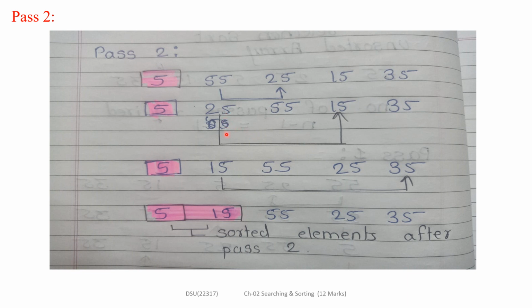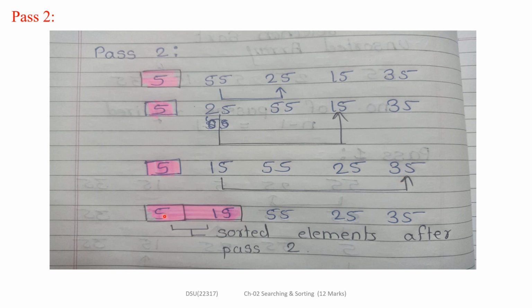Now we will compare the second element with the fourth element. 25 and 15. 25 is greater than 15, that's why 15 will come here and 25 will go there. Now we will get the list 15, 55, 25, 35. Now in the last iteration, we have to compare the second element with the last element, 15 and 35. 15 is less than 35, so no interchange.